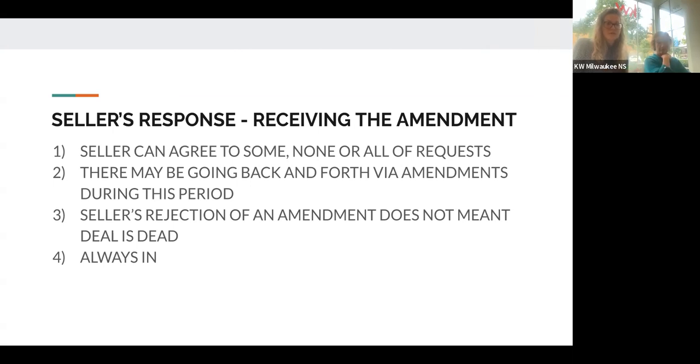It's also really important to make sure that the buyer understands that the seller's rejection of an amendment does not mean the deal is dead. So again, it's putting forth these requests. It's still in the buyer's court always on whether or not a notice of defects is going to be served.